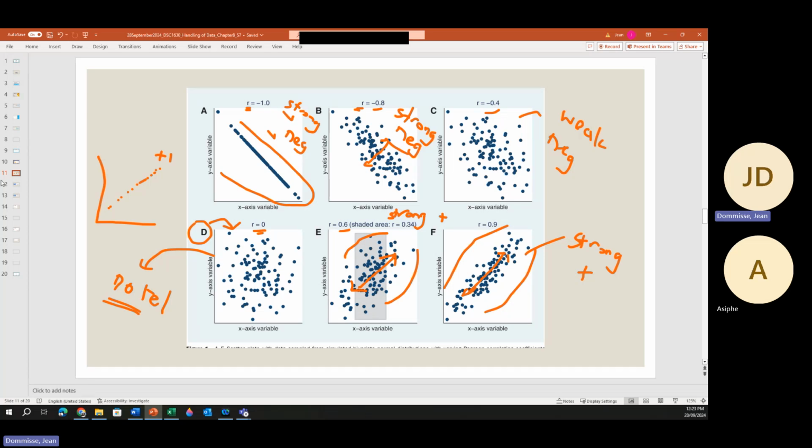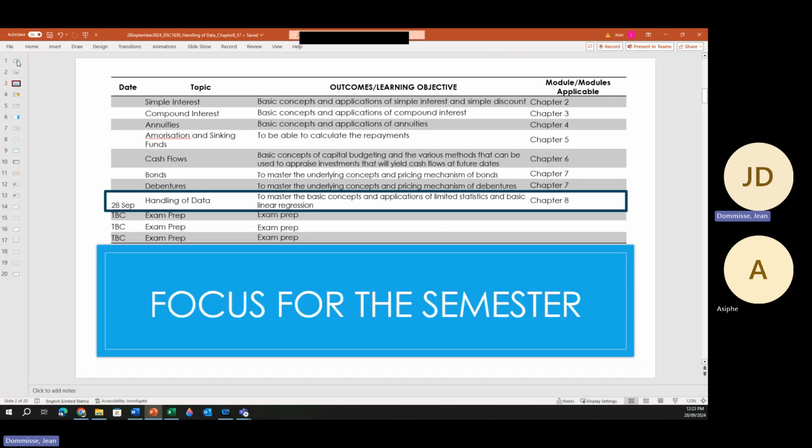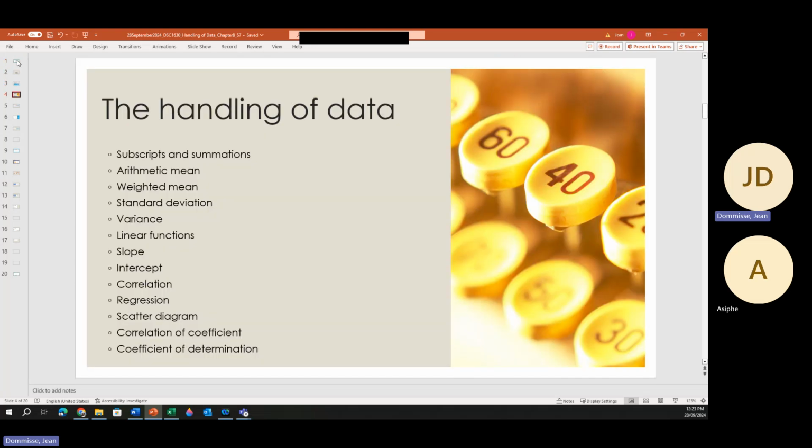So just a quick recap of what is important in this section. I added the mean, standard deviation and variance to the Excel spreadsheet, so that if needed, one can work that out.